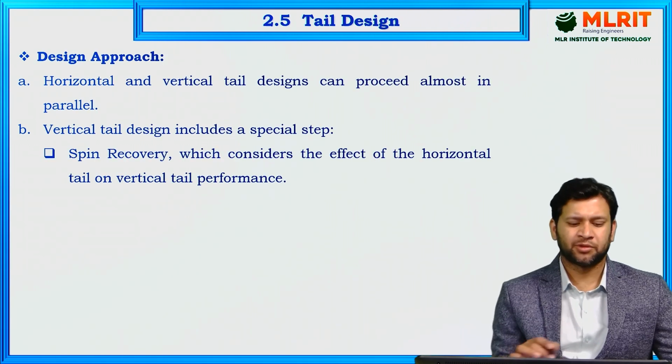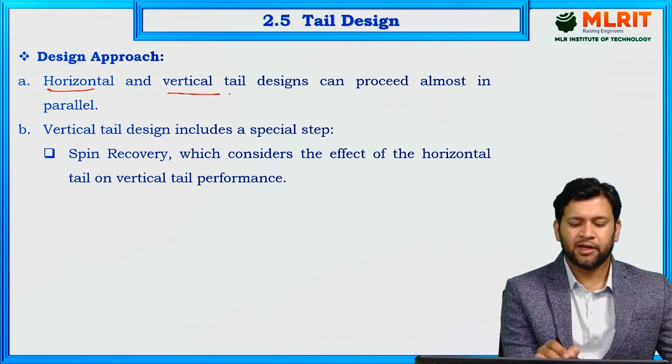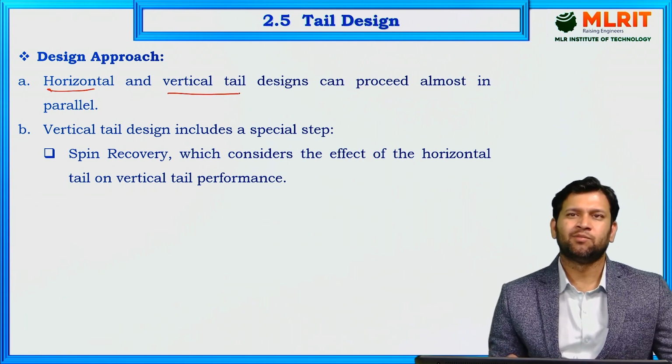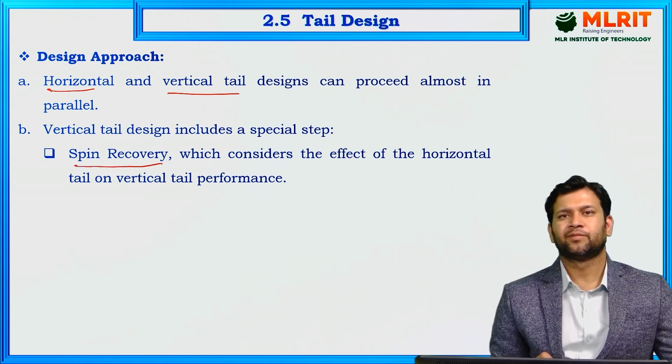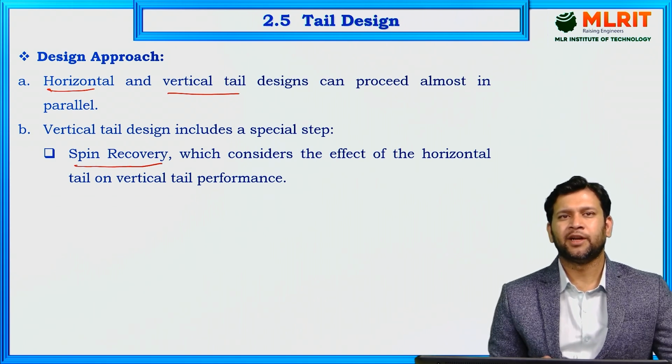The design approach. Horizontal and vertical tail designs can proceed almost in parallel. Vertical tail design includes a special step, that is spin recovery, which considers the effect of the horizontal tail on vertical tail performance.